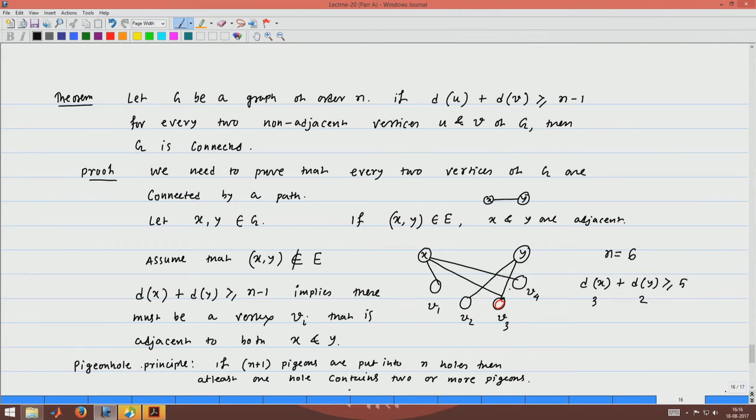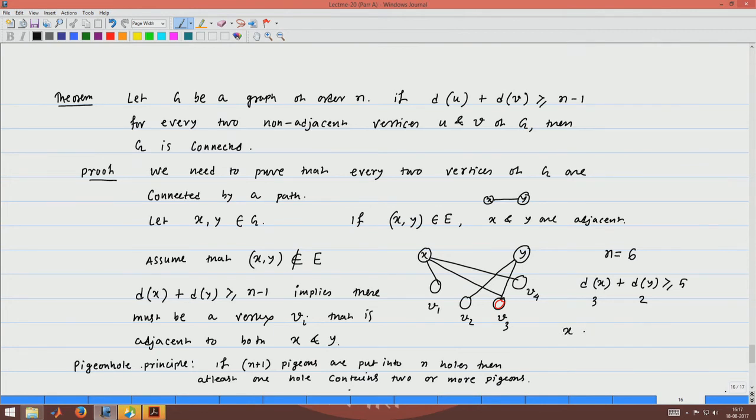Since there are 5 pigeons, because 5 edges are there, and 4 holes, at least one hole contains 2 pigeons. That is what will be true in general. Okay, so, what we understood is that there must be a vertex Vi that is adjacent to both x and y.